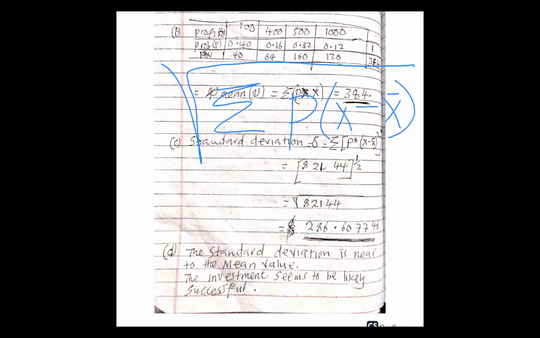You close that, you square that, all over the summation of N, or the summation of the frequency that we have.